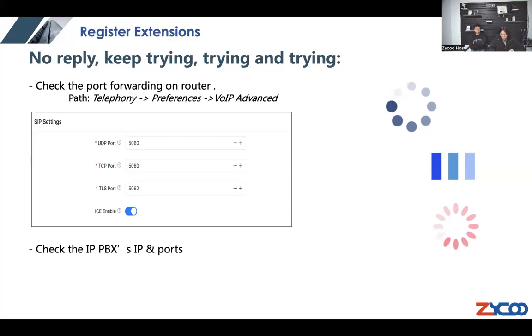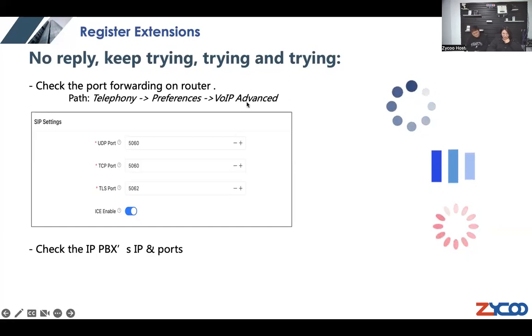On this point, you need to check if you are using port forwarding on your network. Then you would like to check the port forwarding on your routers. Make sure that the ports match the ports on our IPPBX.